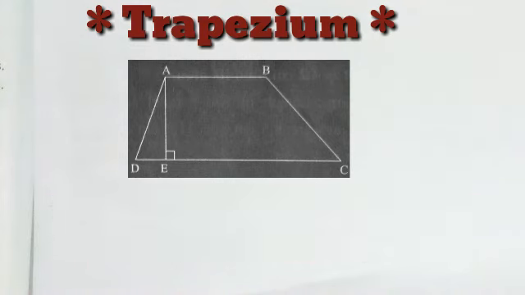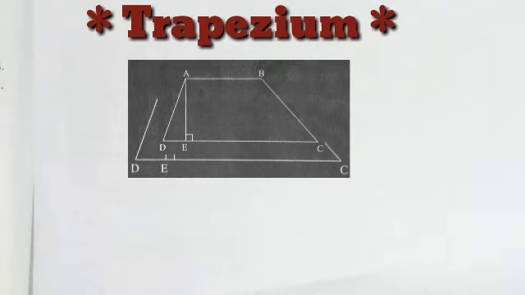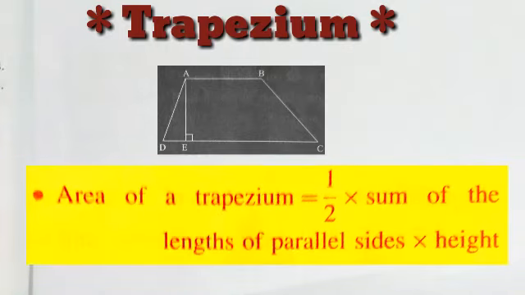So students, here comes the formula for the area of trapezium. Area of trapezium is equal to 1 upon 2 multiplied by the sum of the lengths of the parallel sides multiplied by the height. It means 1 upon 2 into length of AB plus length of DC, multiplied by the height AE. Got it, students?